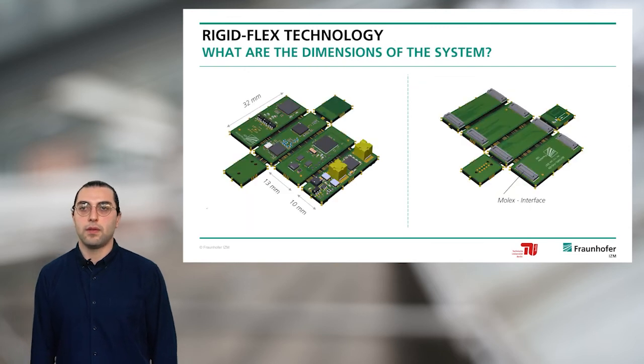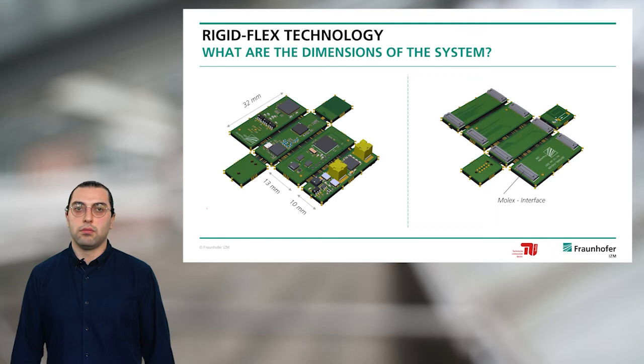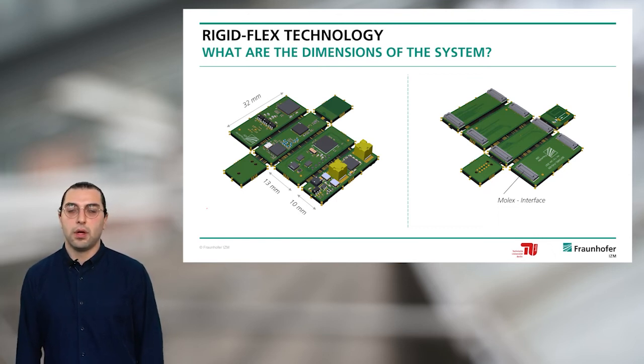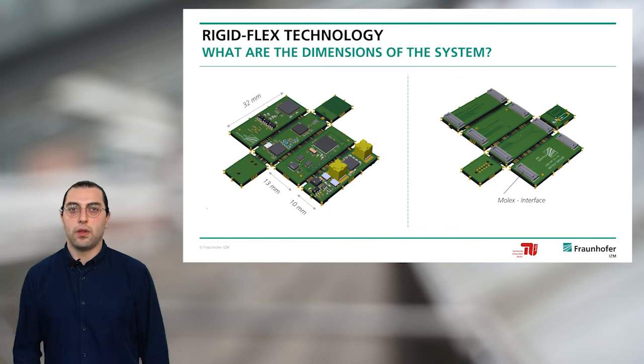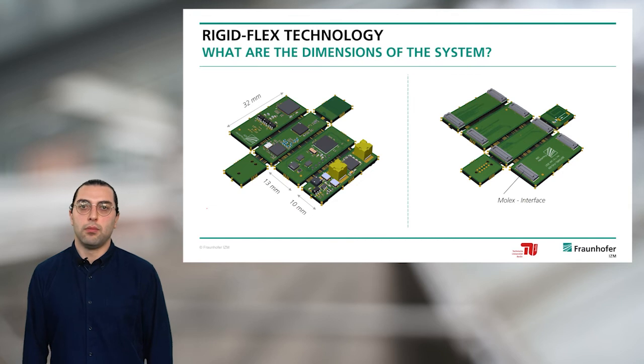Okay, this is how the design looks in a 3D rendering after designing it, in this case, with Altium Designer. So we have the components on the inner part of the module. We have the connectors on the outer part, and you can see also the dimensions. And on the right side, you can see the antenna and programming interface.